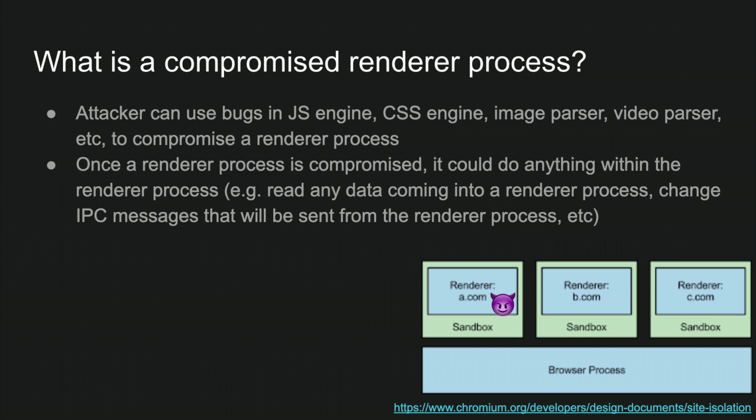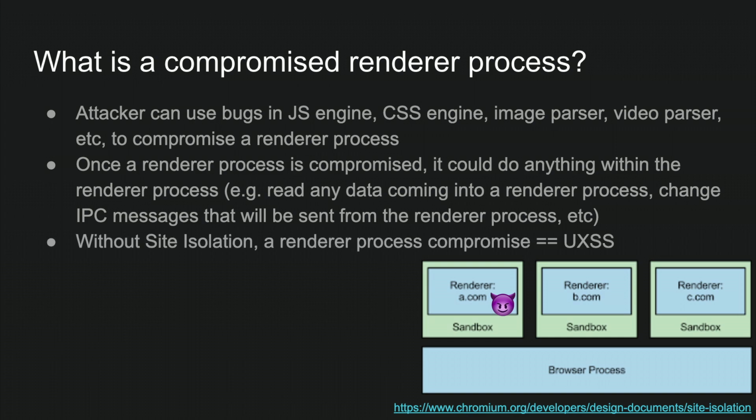And once it's compromised, you can read any data inside the process, or you can spoof the IPC messages going from the render process to the browser process. So you can do something. And if you don't have site isolation, this basically means UXSS, because you can load an iframe to google.com and then bypass same origin policy because it's in the same process, right?